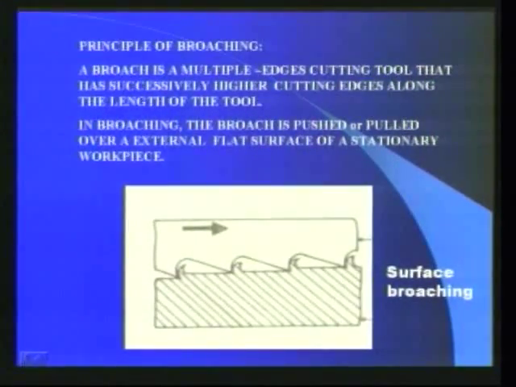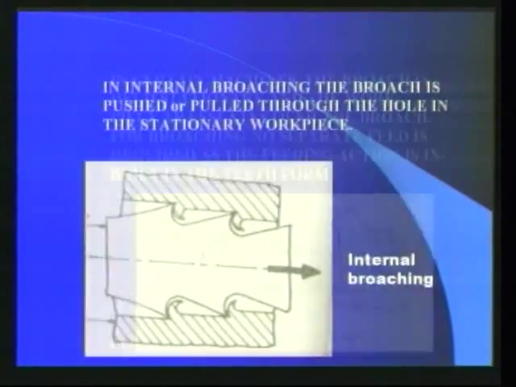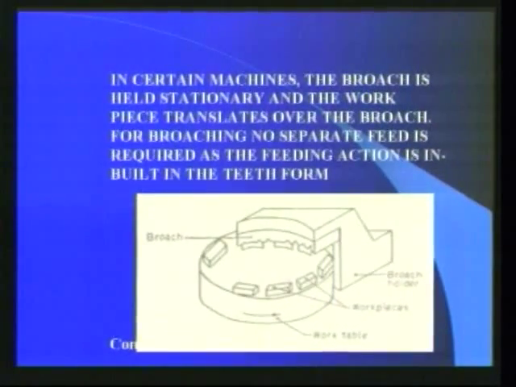In certain machines, the broach is held stationary and the workpiece translates over the broach. Each successive tooth is a little higher than the one preceding it. Therefore, each tooth removes a layer of work material.